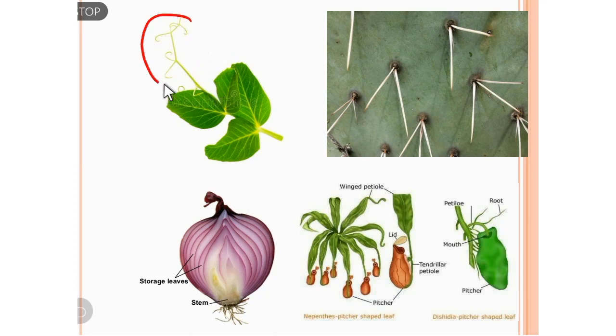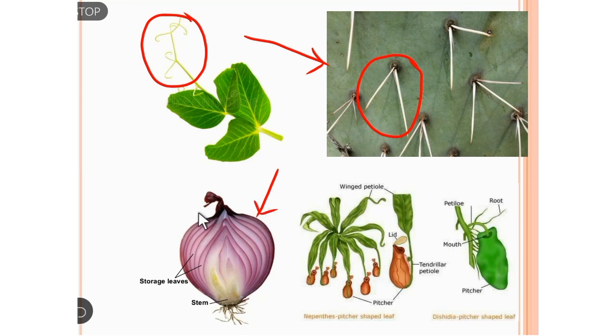Now this is the diagram of the leaf modified as tendril that I have mentioned before. Here this is a leaf modification as tendril for support. Now this picture shows the leaf modification as spines so as to reduce water loss in the plant cactus. Now the leaf modified for storage of food is seen here.